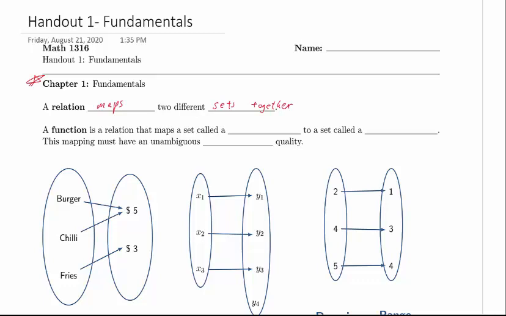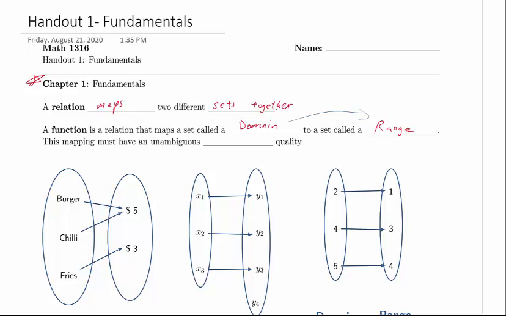Now, a function is a relation that maps a set called a domain to a set called a range. Right? So a function takes a set from the domain and maps it over to another set called the range.